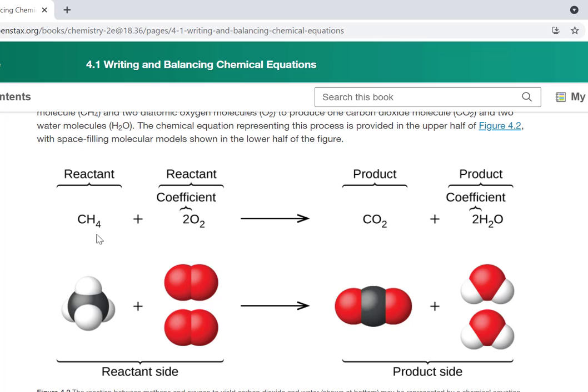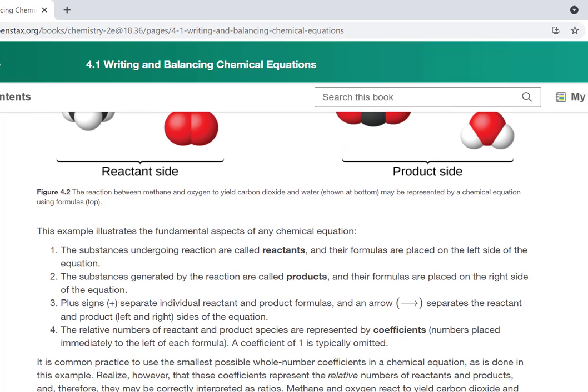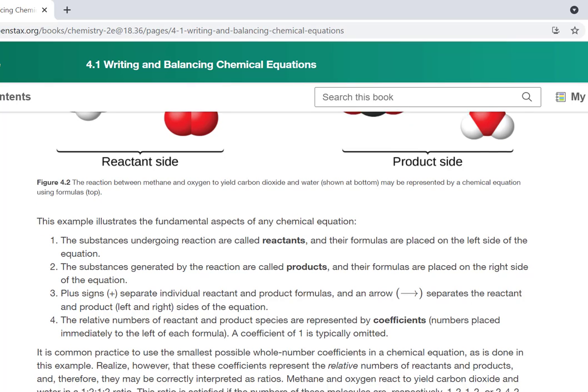We only have 1 molecule here, but we have 2 here, we have 2 over here, and we have 1 of the carbon dioxide. So this is a way of showing a chemical equation. Be aware of what are reactants, what are products, what the plus sign and arrow indicate, and what are coefficients.